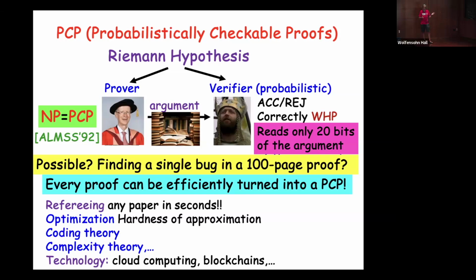It's an analogous question, and this is called local decoding. At least in the coding theoretic world, you can maybe more believe that it's doable. Anyway, it's an analogy to finding a bug in a sea of proof.